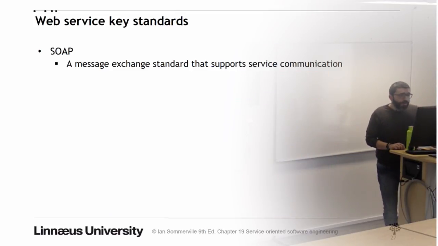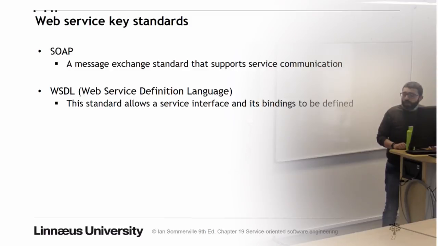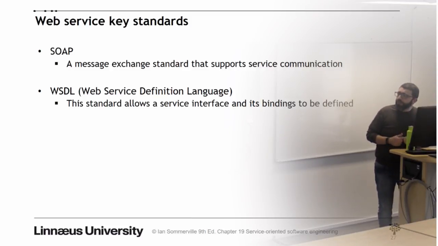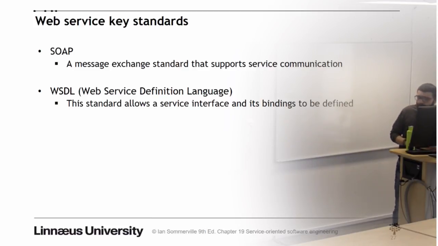But the three key standards for implementing web services are the SOAP, as said, which is a message exchange standard that supports service communication and interaction. Then we have WSDL, which is the standard that allows for specifying the service interface, then the set of functionalities provided by the service, and its bindings.